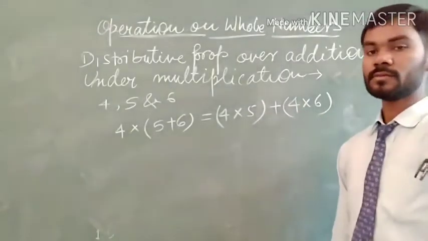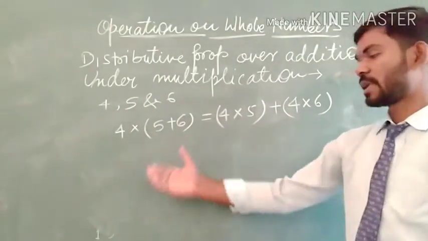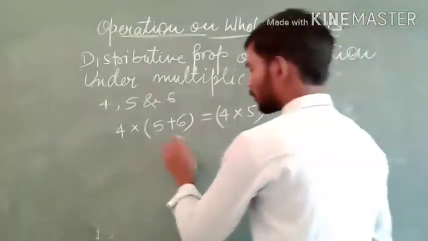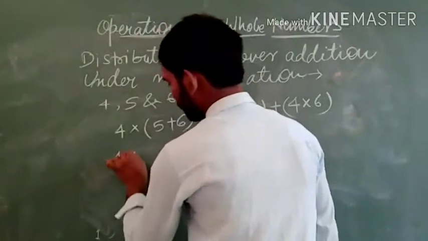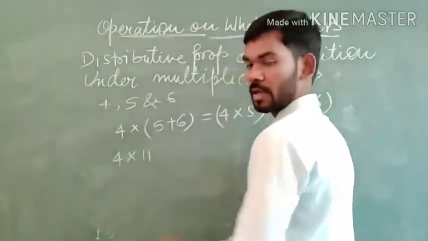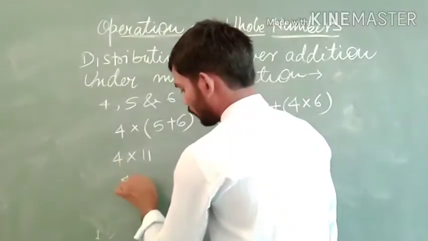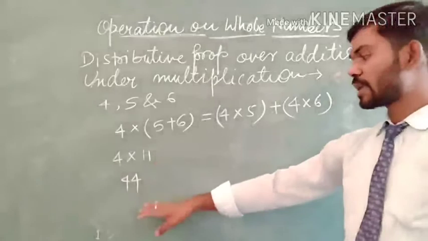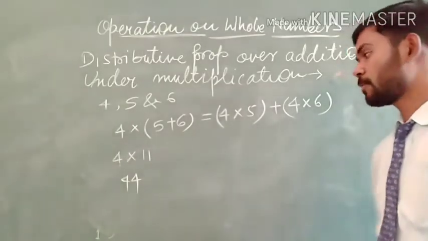So let's see the left hand side at first, then we see the second part. Here we get 4 multiplied by (5 plus 6), which is 4 times 11, that is 44. So on the left hand side we get the result as 44.